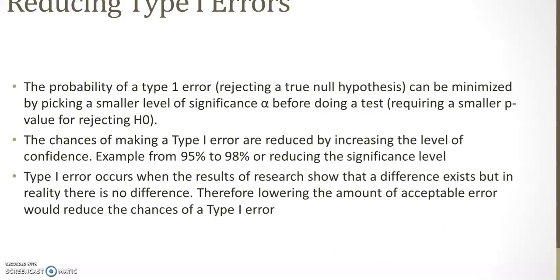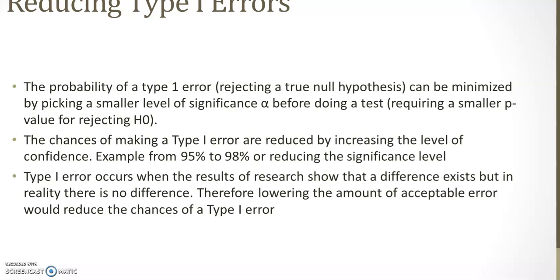So how is it possible to reduce type 1 error and type 2 error? In order to reduce type 1 error, the researcher has to increase the confidence level. Increasing the confidence level means going from 95% to 98%, or even 99%. Or we can say the significance level goes from 5% to 1%.